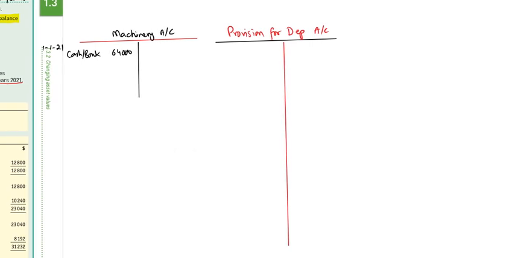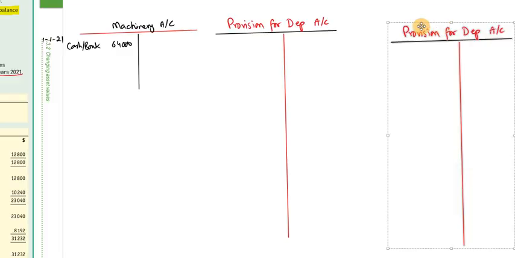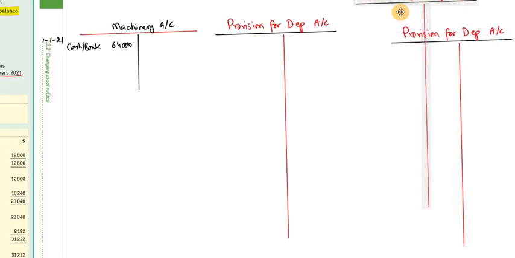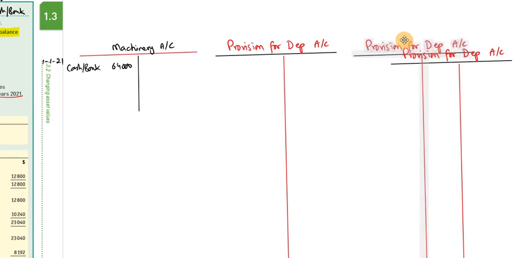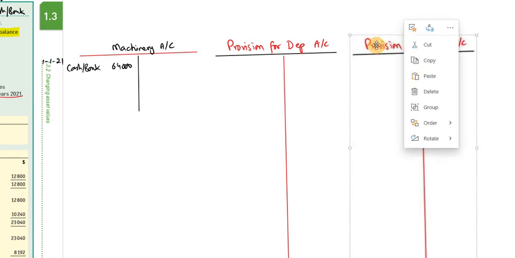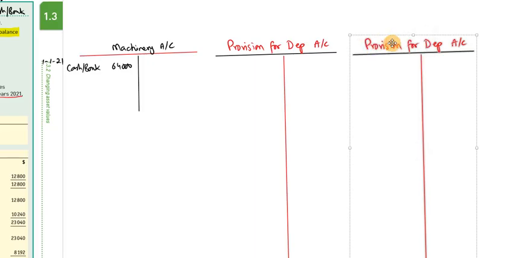And the third account is the depreciation expense account.